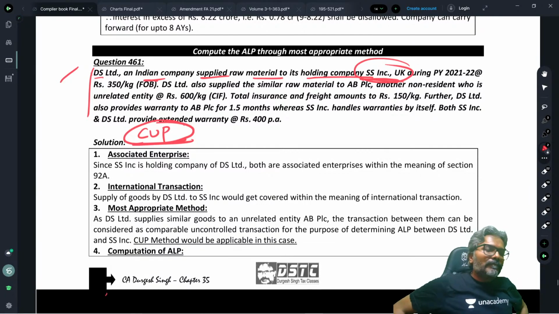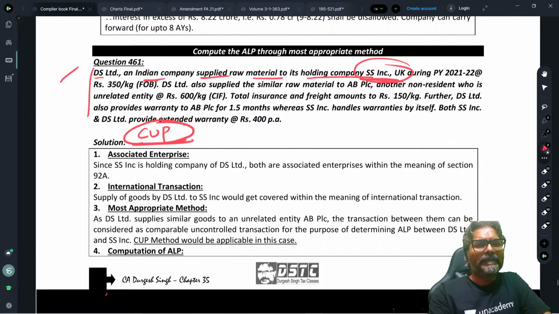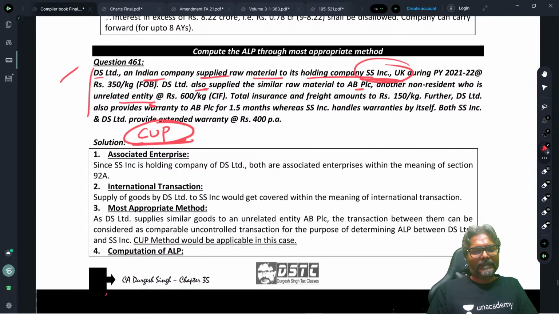Okay. So if you all see over here very carefully, what exactly do we get? So DS Limited, what is the price of the comparable? It also supplied the similar raw material to another non-resident who is an unrelated entity, at a price of rupees 600 per kg.